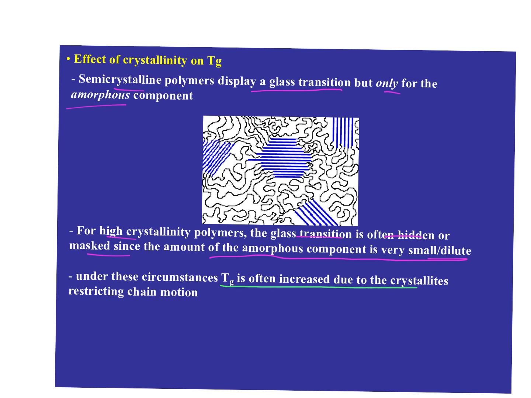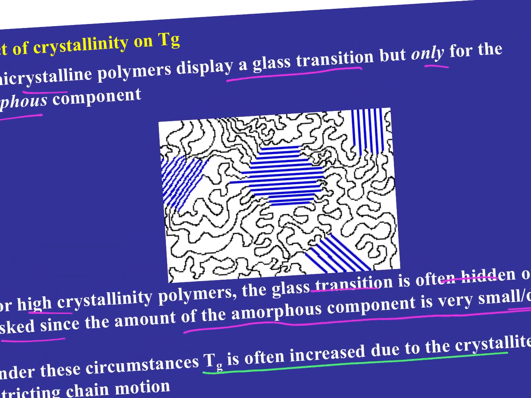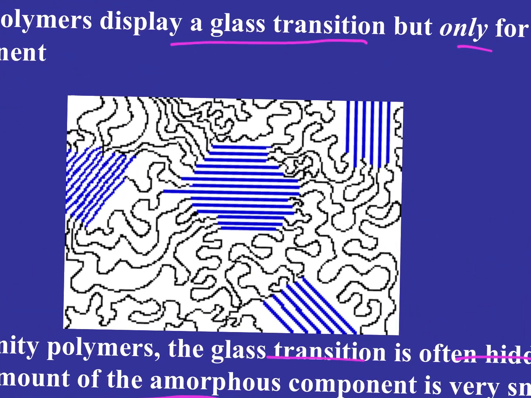All right. However, if you can see it, TG is often increased due to the crystallites restricting chain motion. And this should make sense. And it's not entirely a theoretical concept. This has been observed. It's not easy. So we have what we've been talking about, the boundaries between crystalline and amorphous. All right. We treat this as the two-phase model, as you recall, where everything is defined and it's either in or it's out. All right.